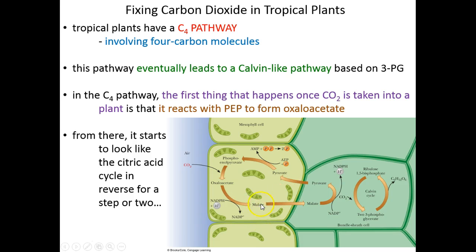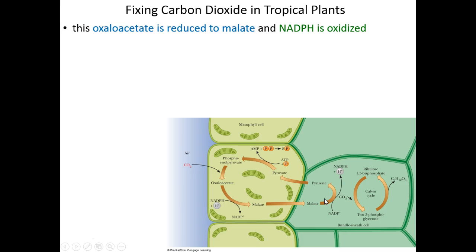And that malate is then transported deeper into the cell, and it is eventually decarboxylated to make pyruvate. Pyruvate, of course, we're familiar with as well. But don't lose sight of what just happened there. We take in carbon dioxide in a leaf cell, we carboxylate PEP to make oxaloacetate. Oxaloacetate is reduced to become malate.